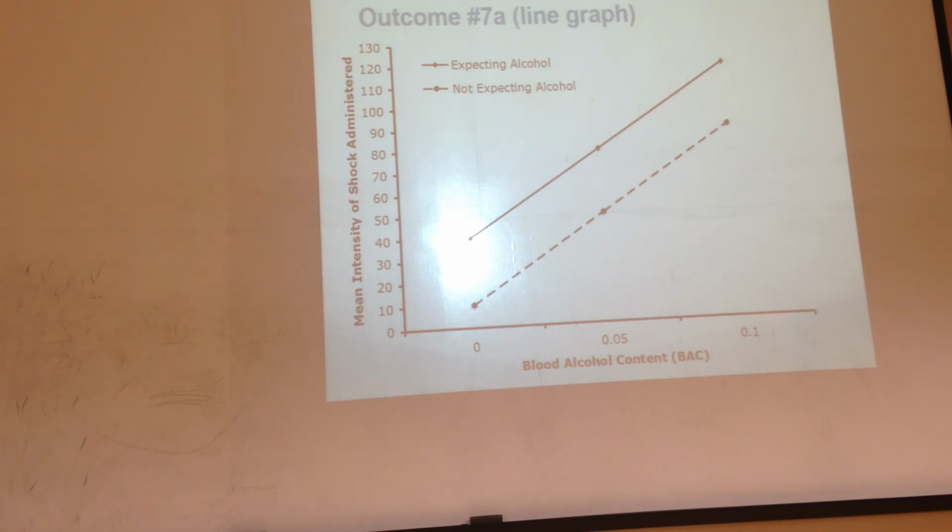Do you think we have a main effect of blood alcohol content? Yes. Why do you think so? Slope? Yes, that would be exactly why. So the lines are not flat. Can you tell me about that main effect of blood alcohol content? Well, it could be. We haven't done the math, so we're not sure. But you can describe it to me.